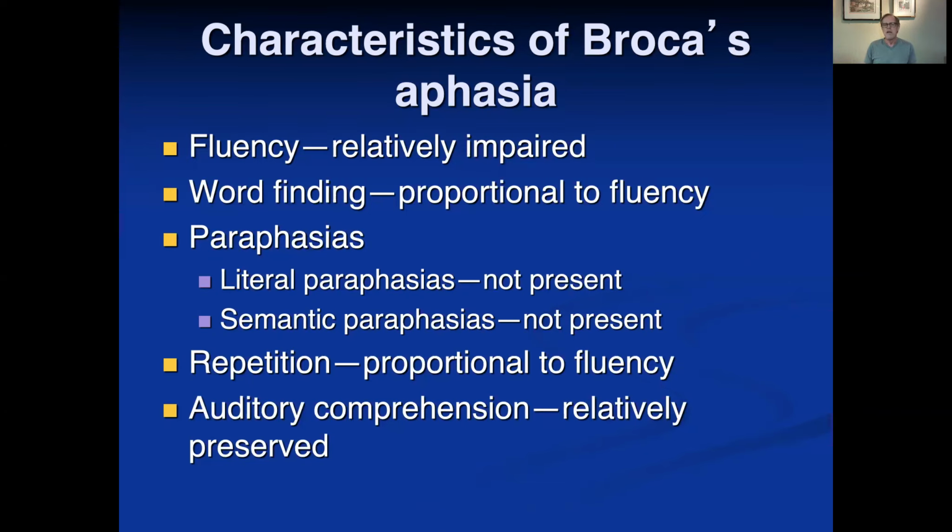Paraphasias. Now, there's something about paraphasias I didn't mention. Paraphasias technically are only substitutions of sounds or words that are produced fluently. If they're produced in a groping, halting way, they're not really referred to as paraphasias. So Broca's are non-fluent. Therefore, by definition, they tend not to have paraphasias, even though they may have substitutions.